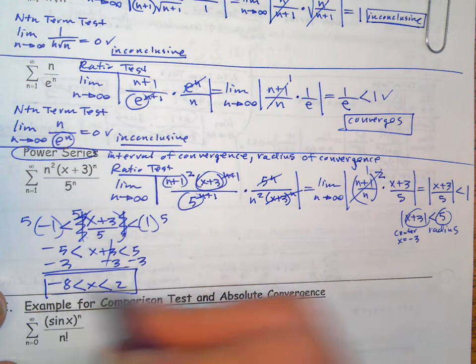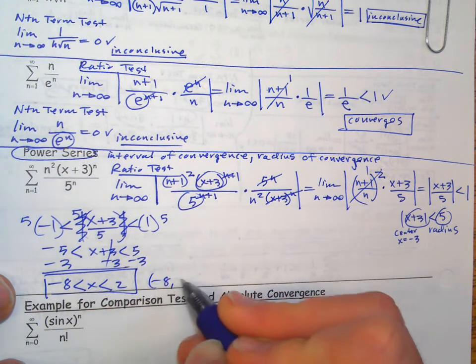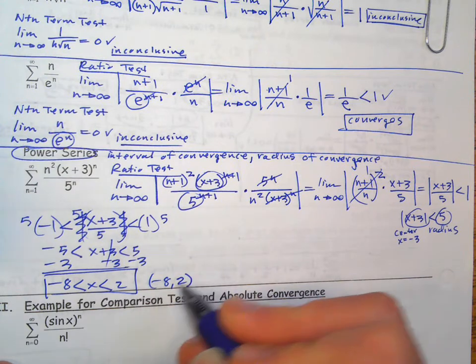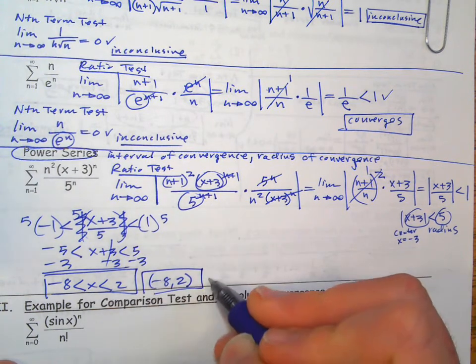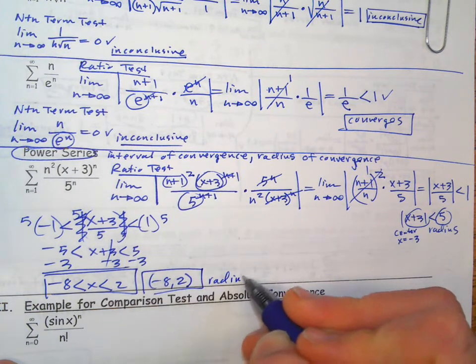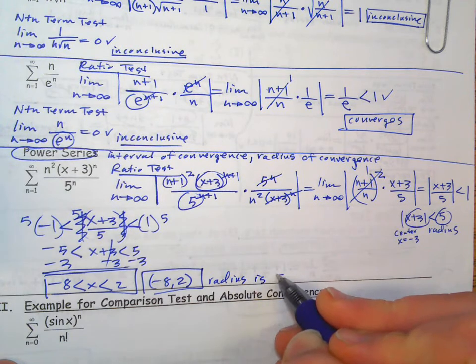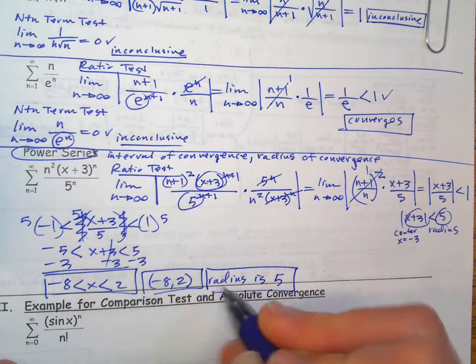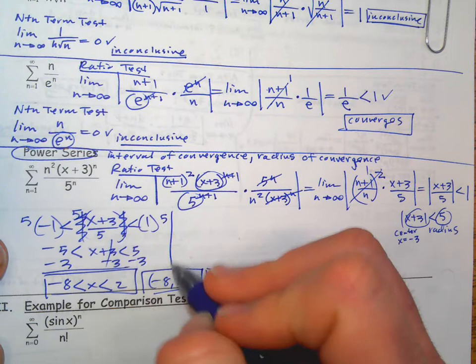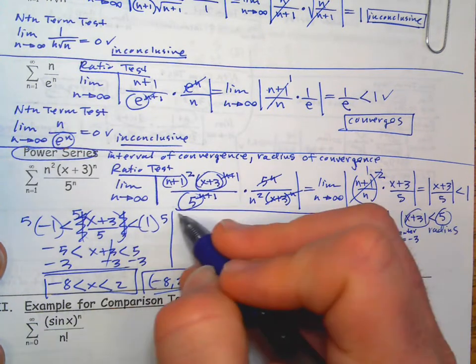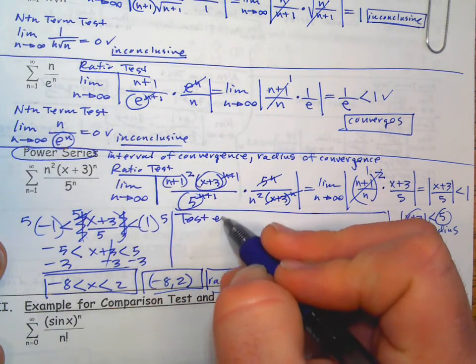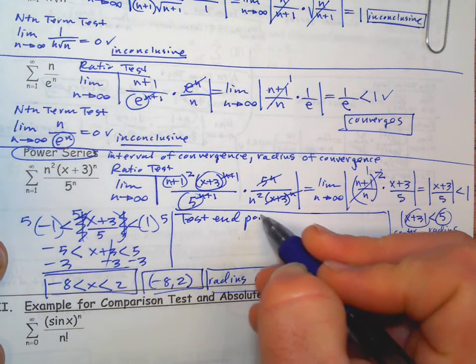So that's the interval of convergence. The radius of convergence is 5. Now, this isn't actually necessarily an interval of convergence, so you still would, we haven't done this much yet, you'd still have to test the endpoints, each on their own.